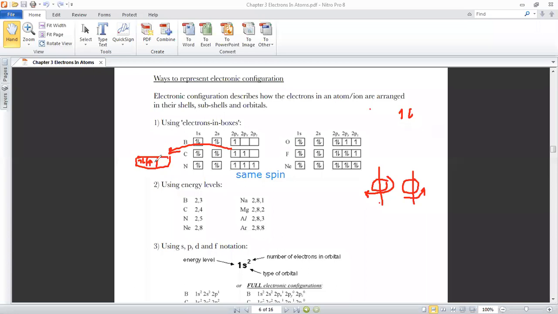This is wrong. Okay, this is totally wrong. Let's fix it and draw it neatly.